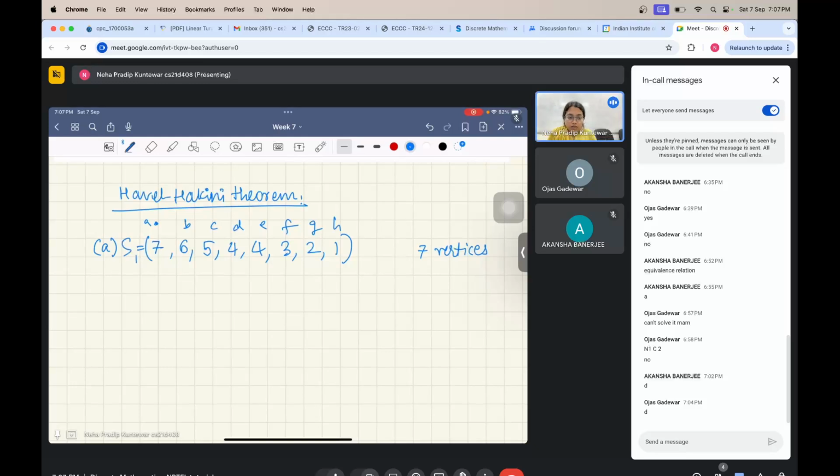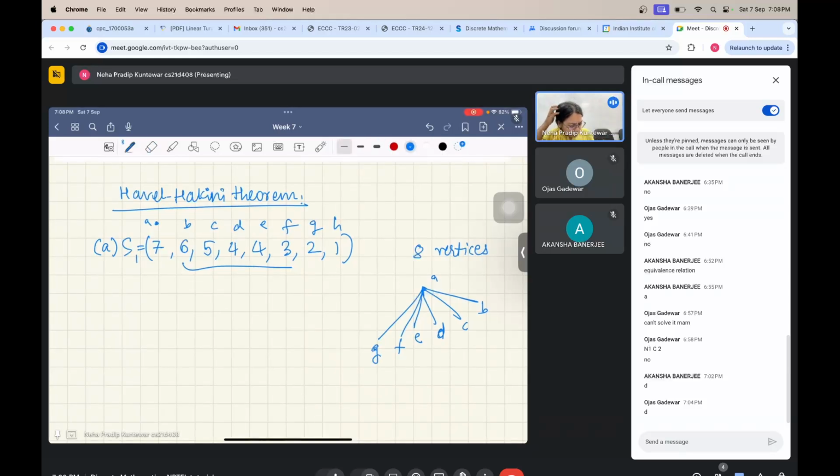And what you do is, from this vertex A, you add 7 edges to the vertices in order. So that would be B, C, D, E, F. Sorry, these are 8 vertices, right? Okay, that makes sense.